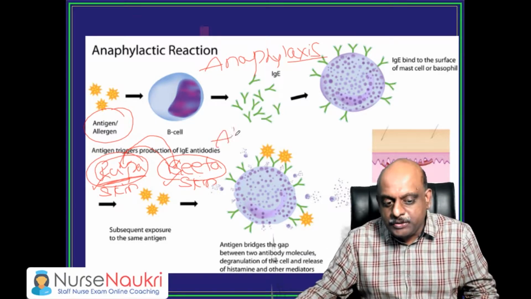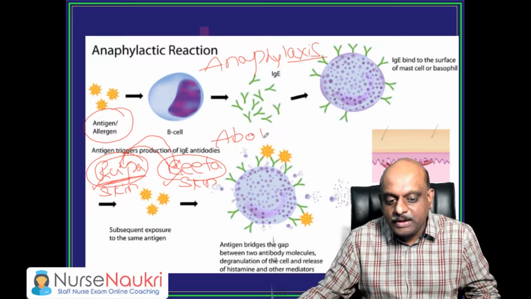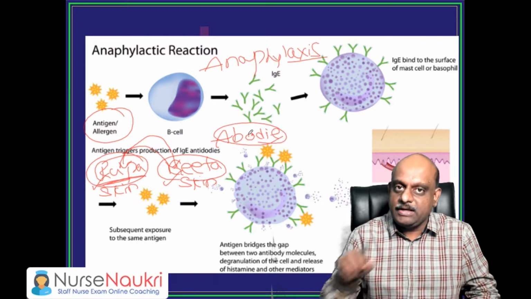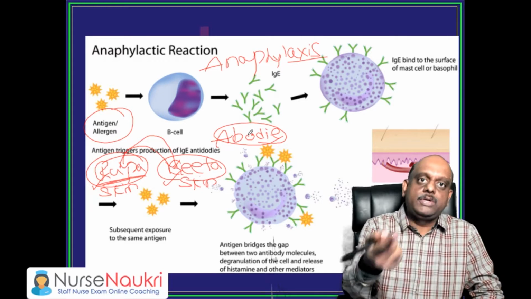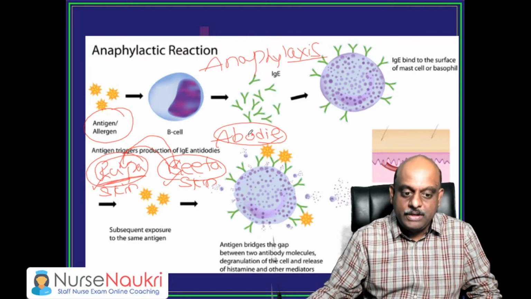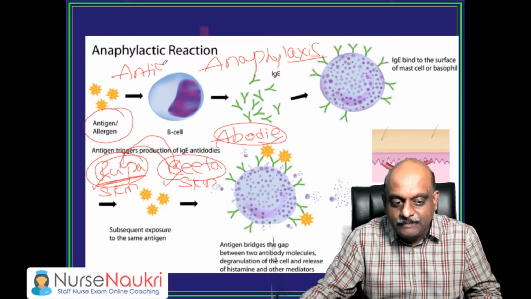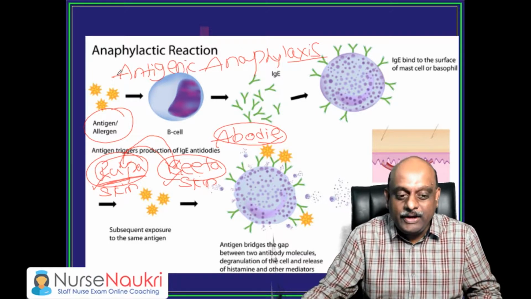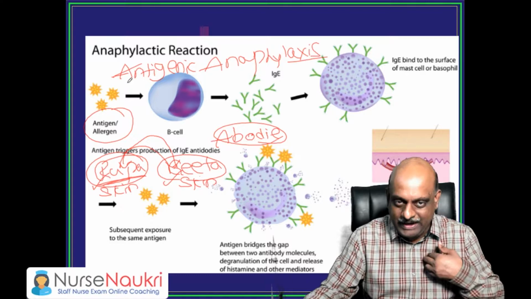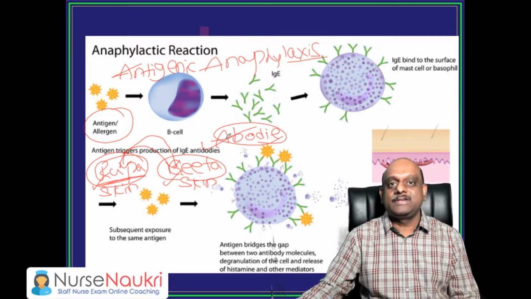For that I produce antibodies. I produce antibodies to reject your tissues if they are put into my body. So your tissue is called antigenic. And to reject that, if it is not mine, I produce antibodies.